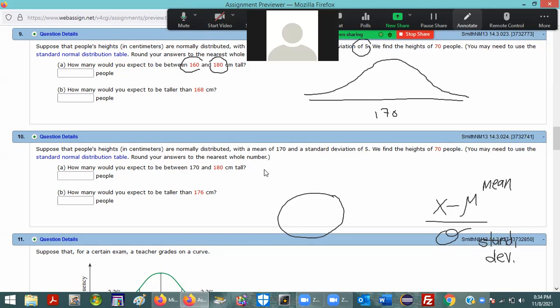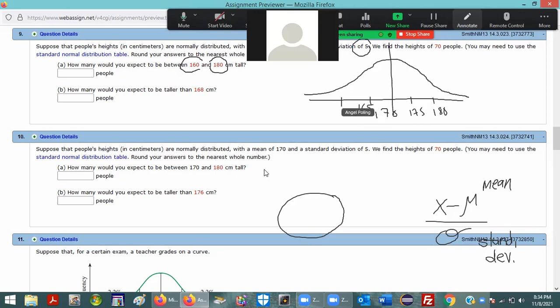One thing that we know is our center is 170. When we go one standard deviation above, we're at 175. Two standard deviations above, we're at 180. One standard deviation below, we're at 165.